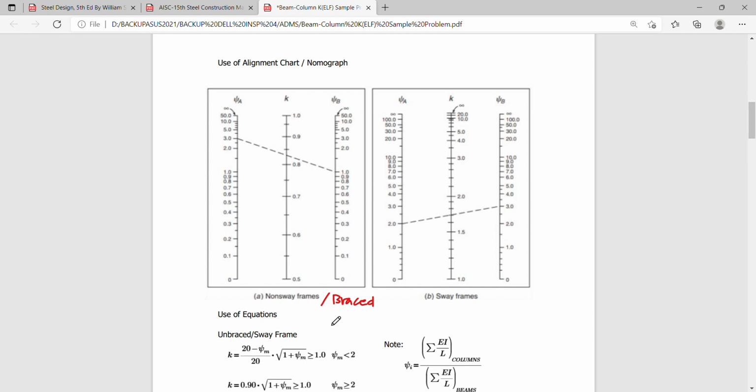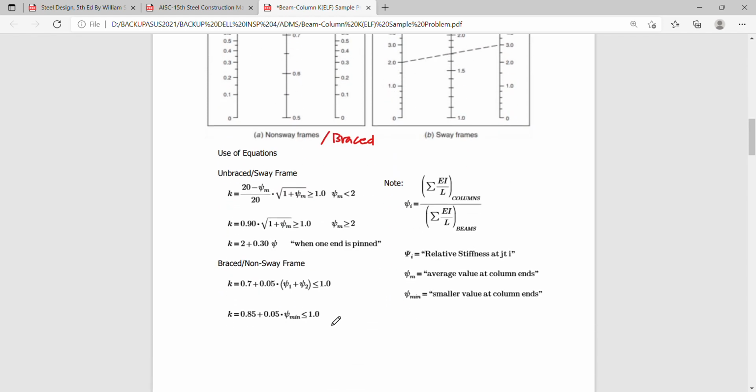For the equations referred to in the British standard, we have several equations upon which your K value may be determined, taking into consideration the values of psi mean for the unbraced frame and the individual values of psi 1 and psi 2 for the braced or non-sway frame.